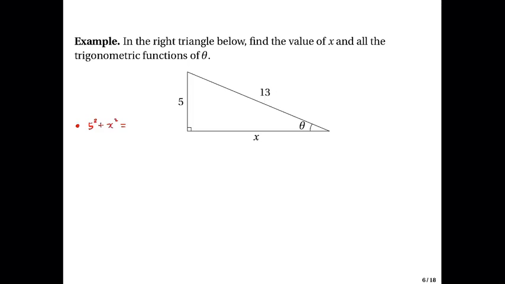So this is equal to 13 squared. If we solve for x, we have x squared equals 13 squared, which is 169, and of course, your 5 squared you put on the other side, so minus 25. So x squared equals 144.